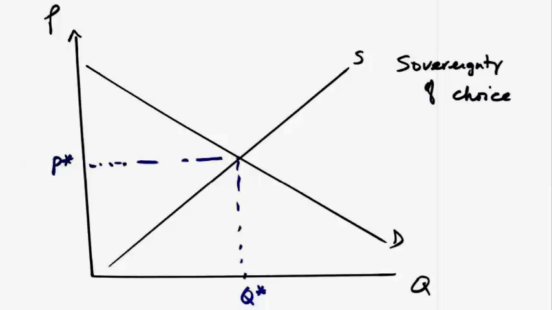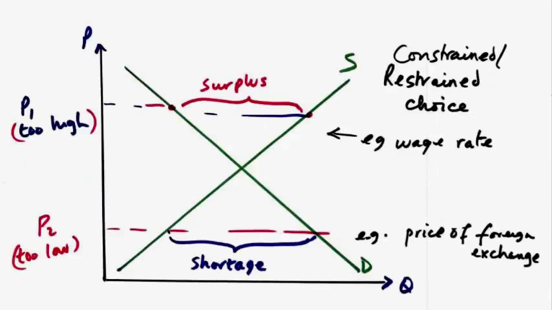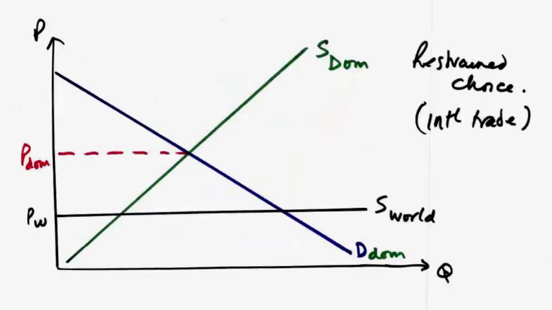It is frequently the case in many developing countries that sovereignty of choice is not available, and we end up with situations where there are excess demands or excess supplies, the prices are sticky or fixed, and therefore the efficient outcome cannot be obtained in terms of demand equals supply, and individuals end up wanting something that they can't have access to.